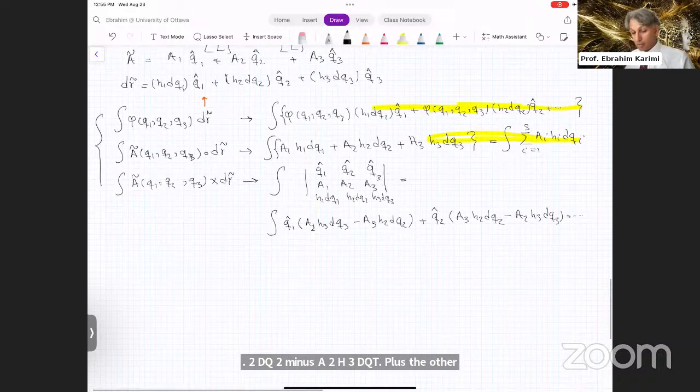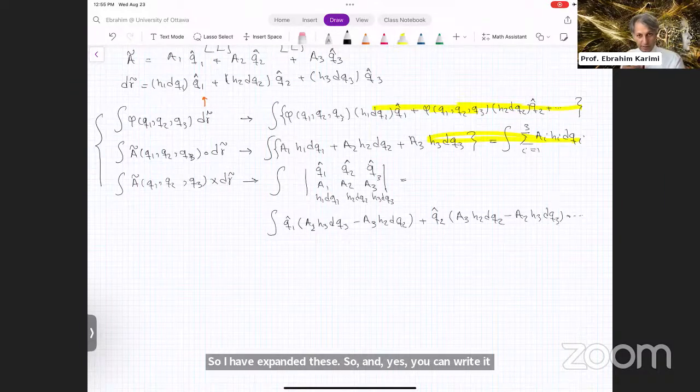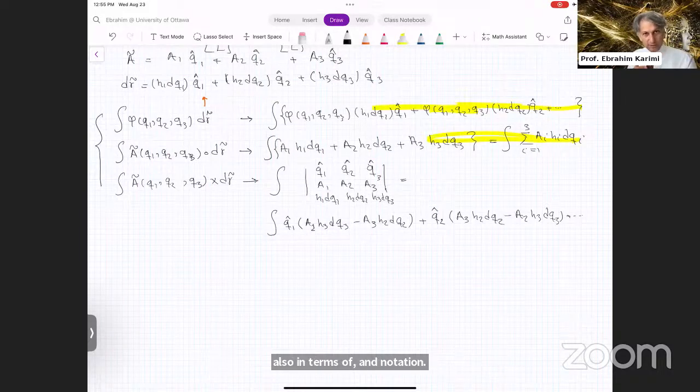Okay, so I have expanded these. So yes, you can write it also in terms of Levi-Civita notation. So it's perfectly fine.